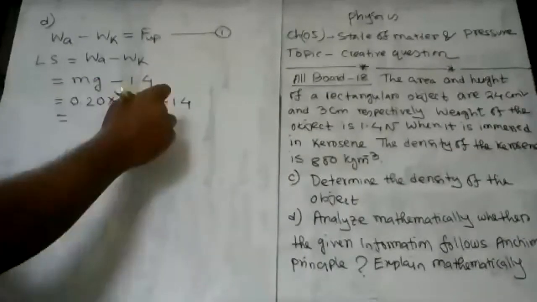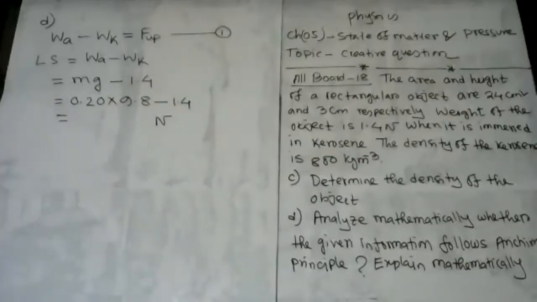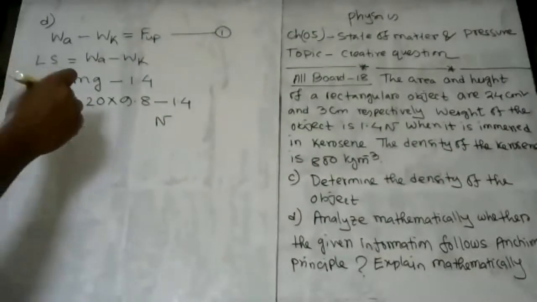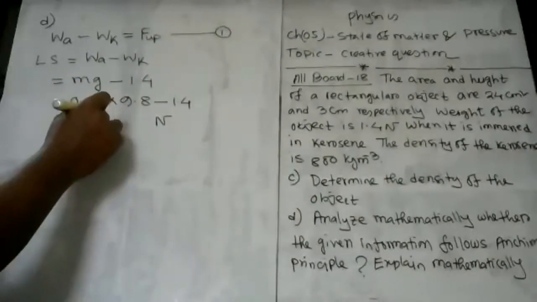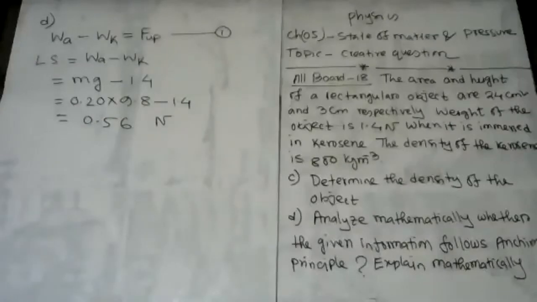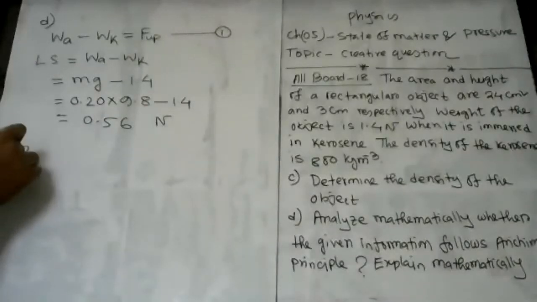So it is something Newton. This is the difference of weight, the lost weight that you find mechanically from this given data. 0.56. So it is 0.56 Newton. Now, my student, from the right side.